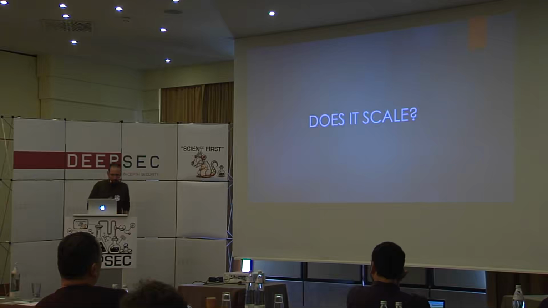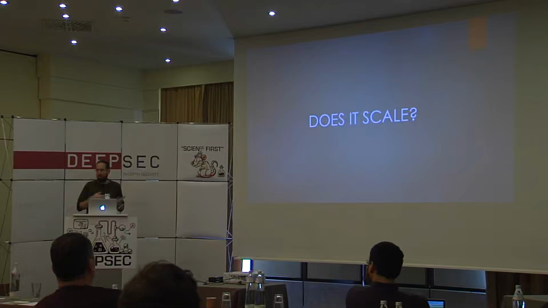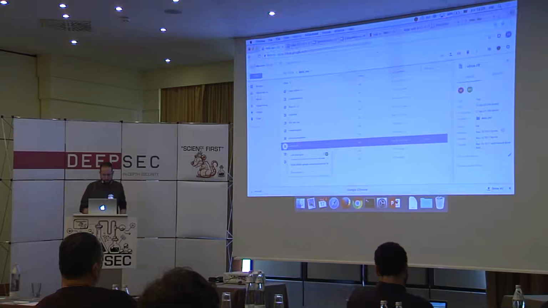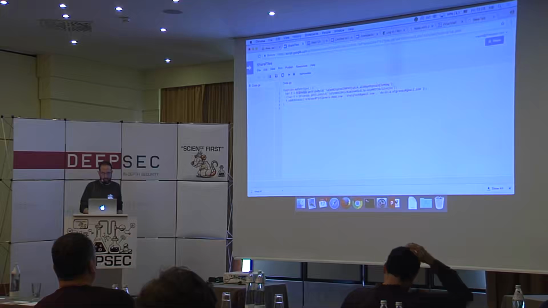So the real and interesting question is, does this kind of attack scale? Well, I mentioned earlier that I chose to share this particular example using Google Apps Script, and the reason I chose to do that is in order to demonstrate a way to scale up this kind of campaign. You can do all kinds of automation. You saw the script earlier, but let's go over it again. We can see that we access the drive app.